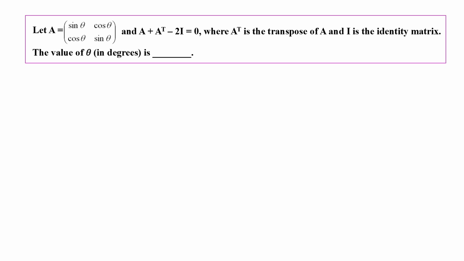The next question says that A is a 2 by 2 matrix, that is sin theta, cos theta, sin theta, and A plus AT minus 2I is equal to 0, where AT is the transpose of A and I is the identity matrix. The value of theta in degrees is.